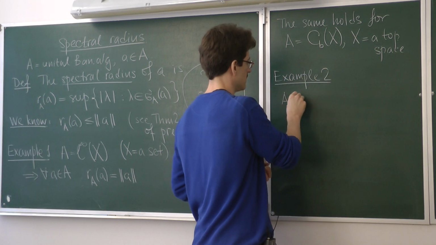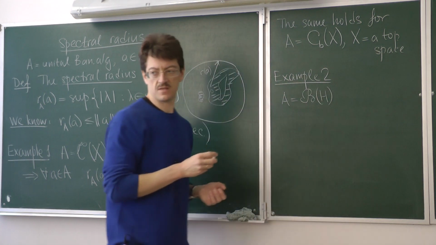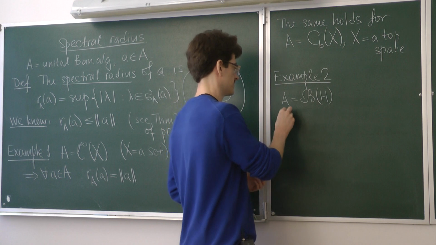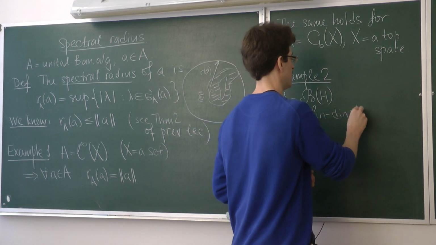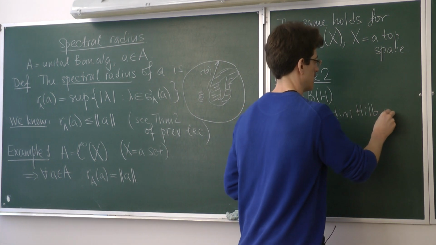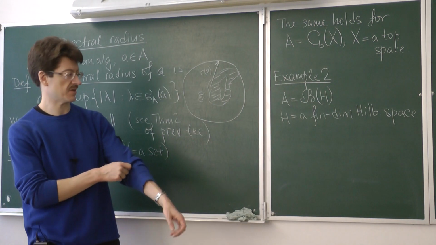Suppose now that A is the algebra of linear operators on a finite dimensional Hilbert space. So H is isomorphic to C^n for some n.